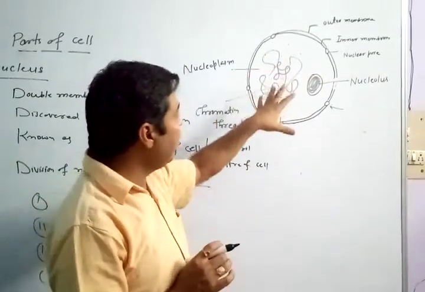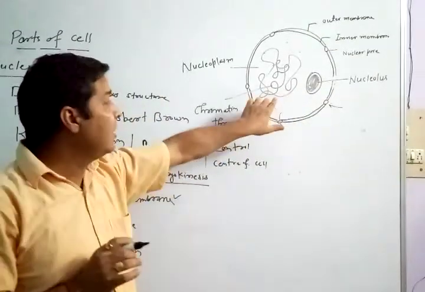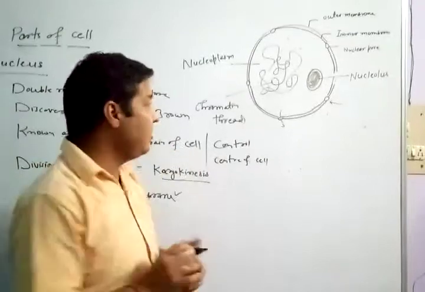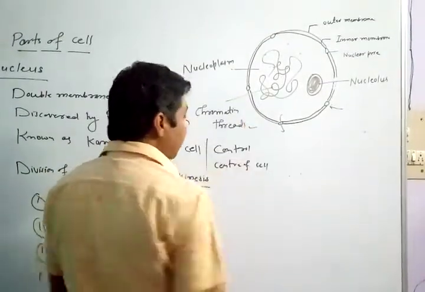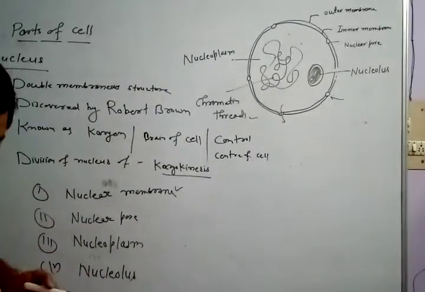Nucleoplasm is the liquid in which the thread-like structures are present. These are called chromatin threads, and they play a very important role in cell division. What happens during cell division?